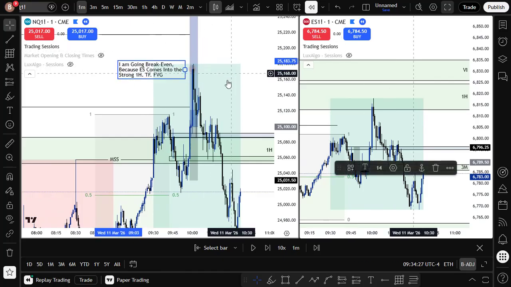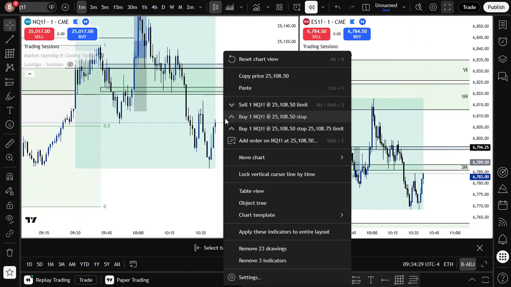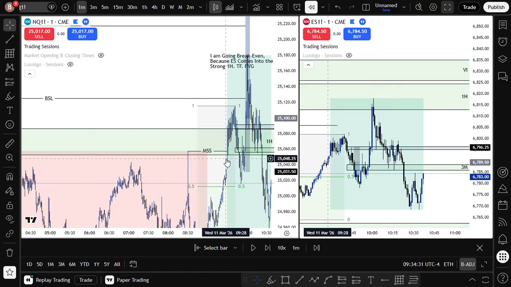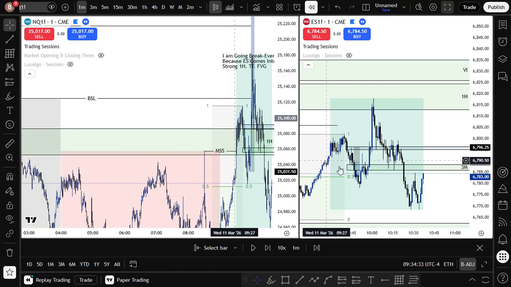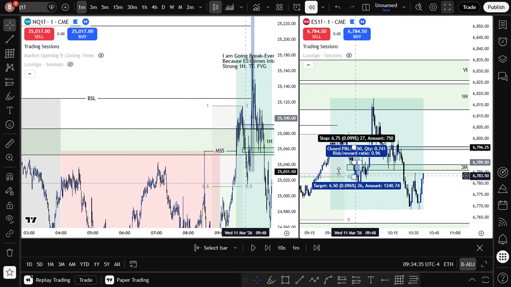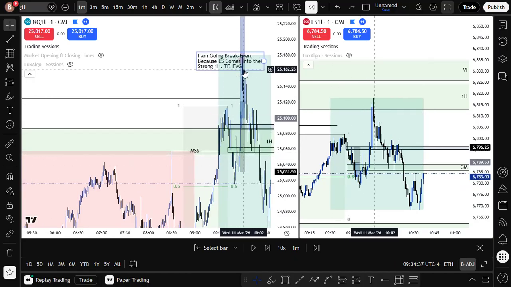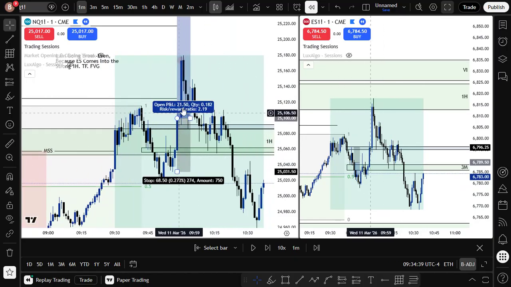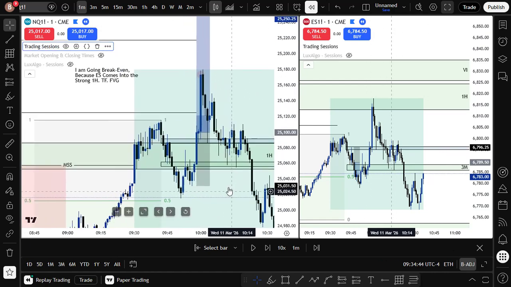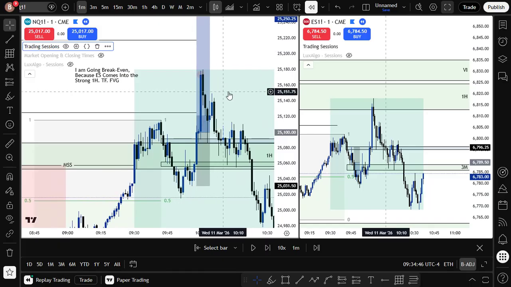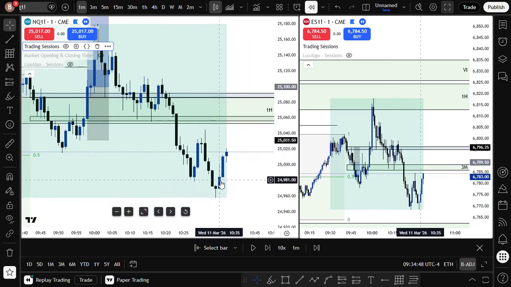My risk management plan was very good. And again, as I told, my mentor would enter here. He would make at least 2.5 risk to reward, and Nikita just enters at this point and catches break even.